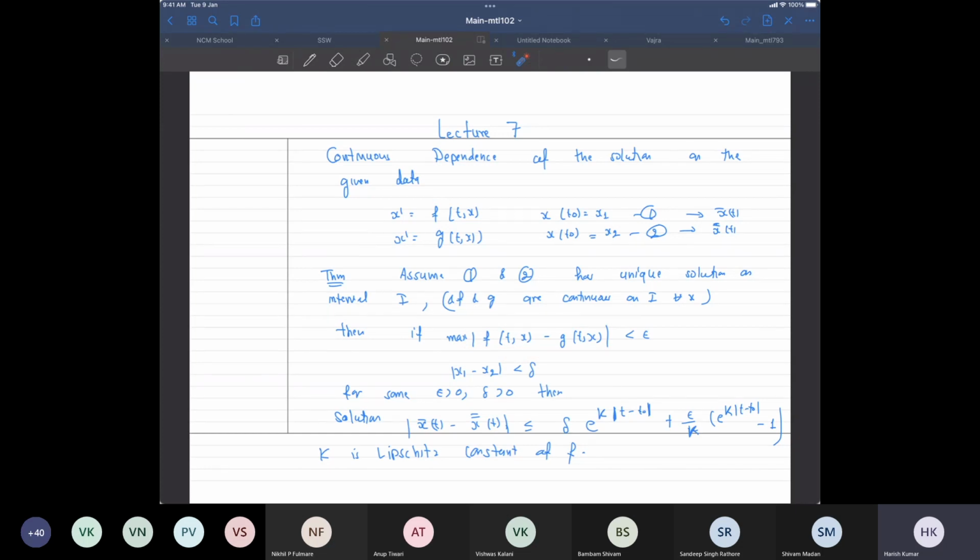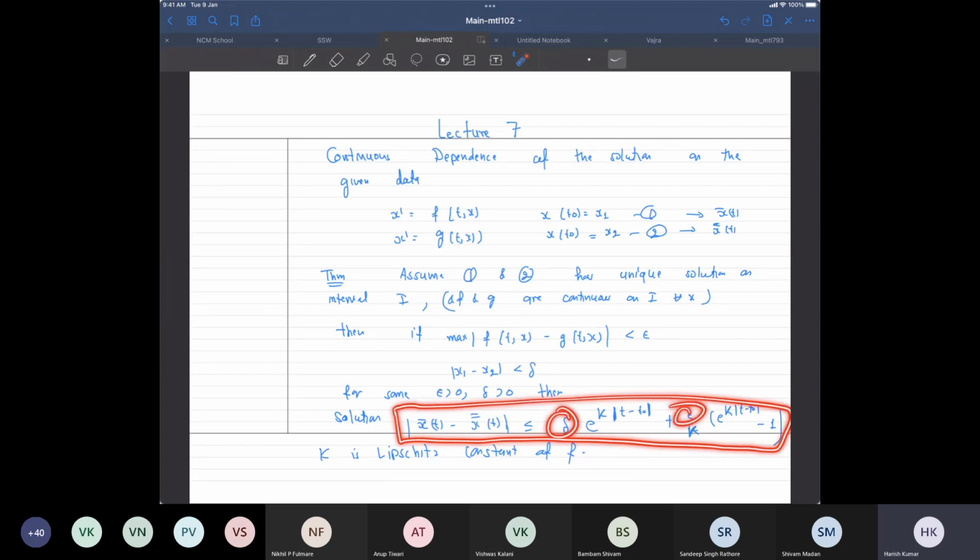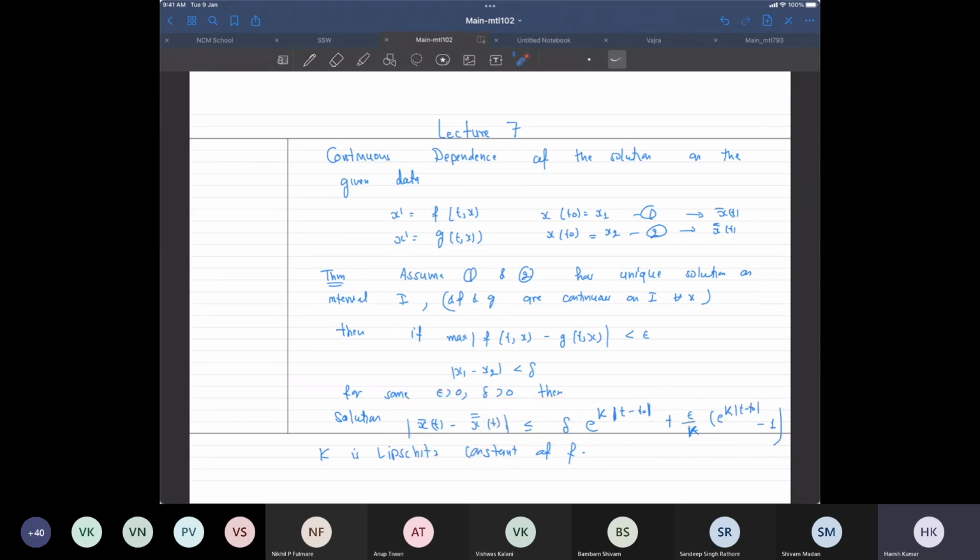Furthermore, if you assume that the initial data is close, then we need to show this estimate. Okay. And the importance of this estimate is that when delta is 0 and epsilon is 0, basically the values will be the same. So this proves the uniqueness also. Okay. So the continuous dependence also gives you uniqueness.